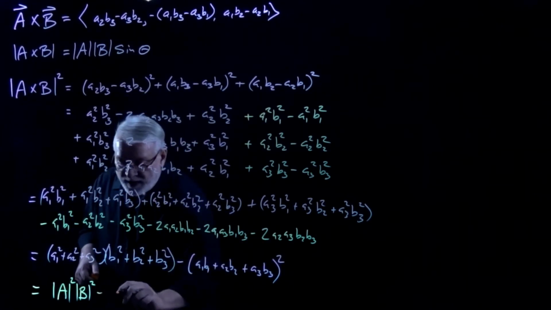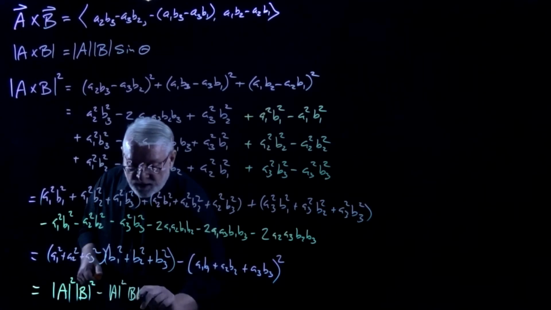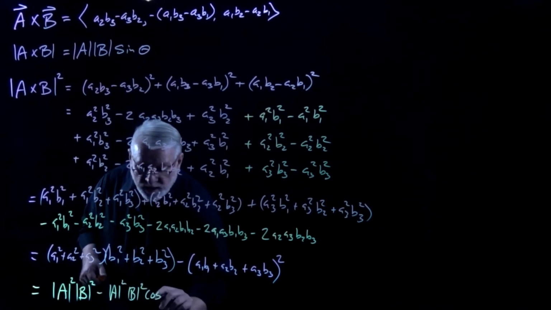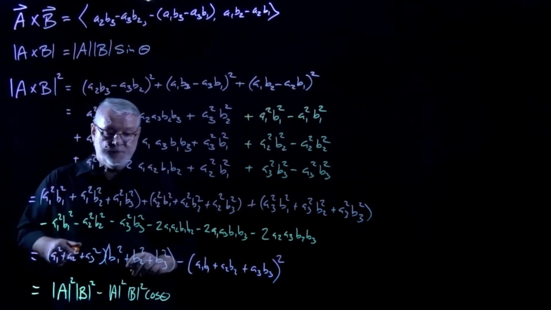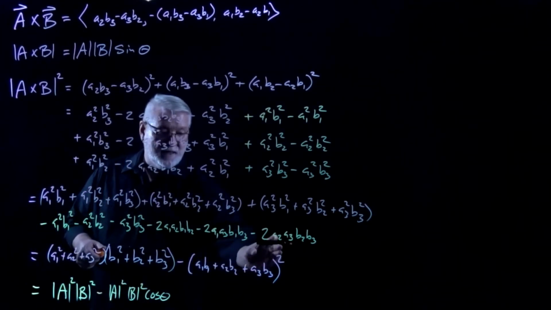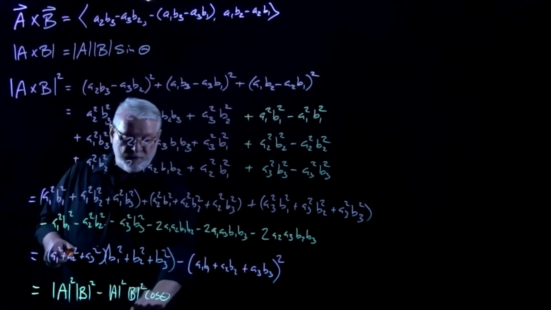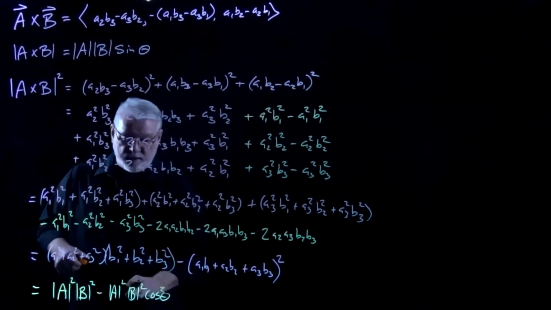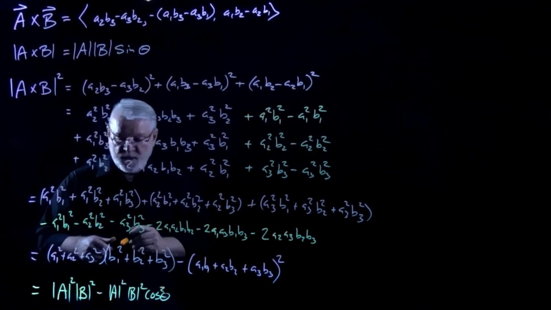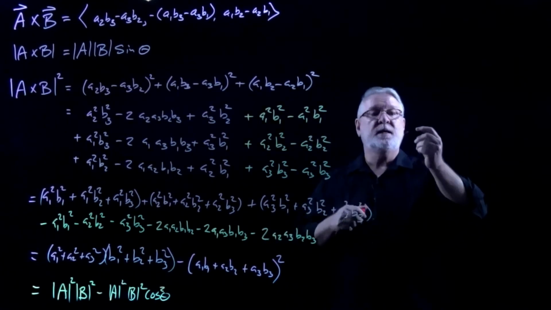So this would be minus the magnitude of vector A squared, magnitude of vector B squared, times the cosine squared of the angle between them. So that there is representative of the fact that this is the dot product and it's squared and it's got a minus in front of it. Okay, we can apply a factorization and a trig identity at this point.